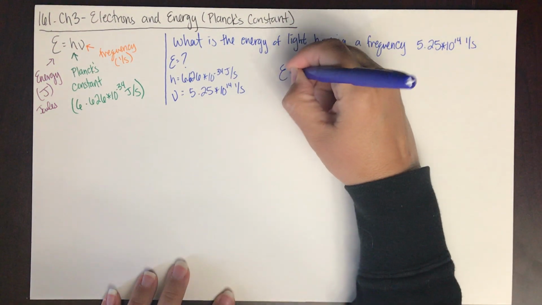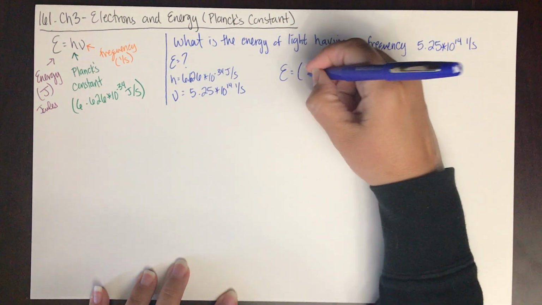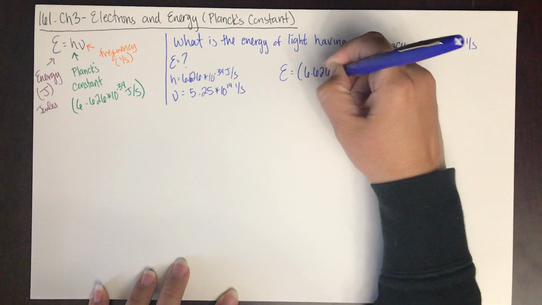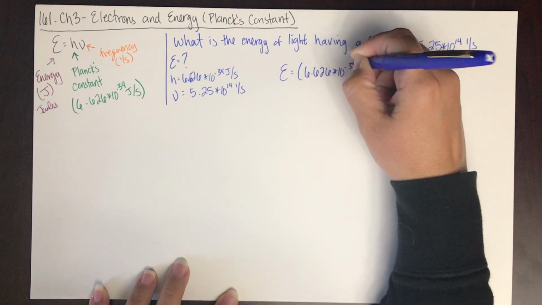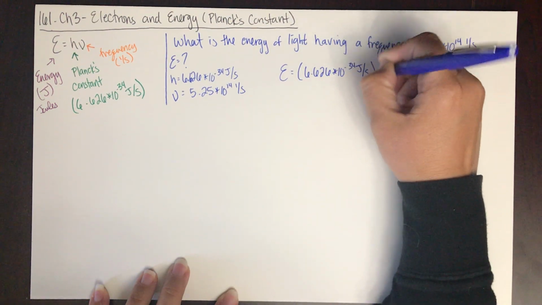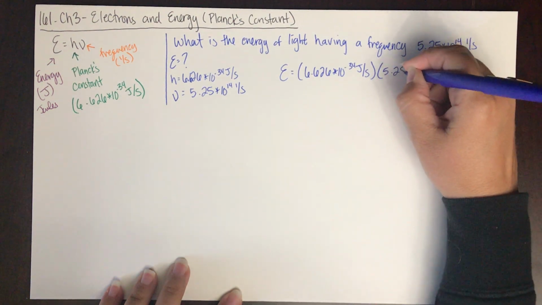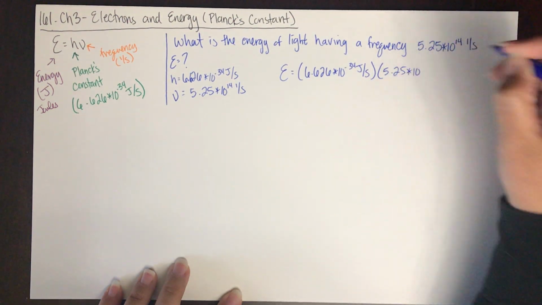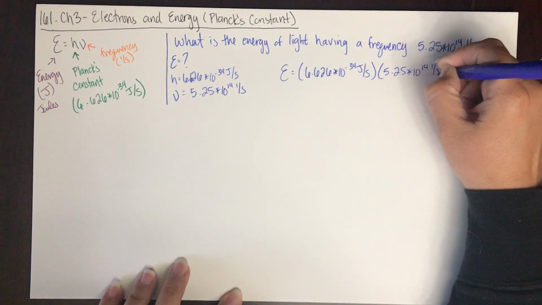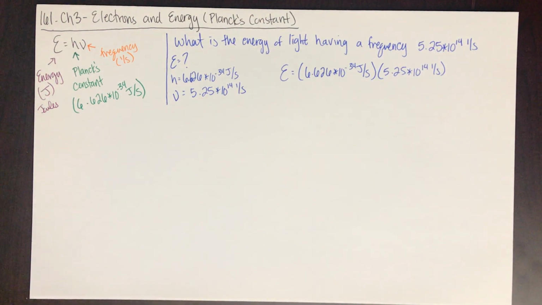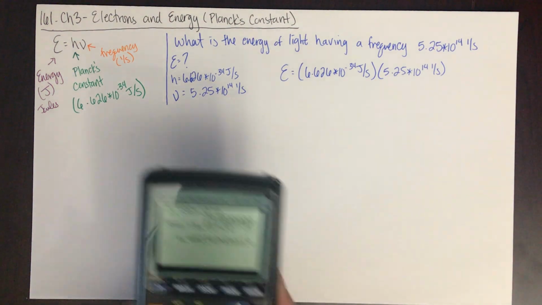So I'm going to say energy equals Planck's constant times the frequency. So let's do that in our calculator.